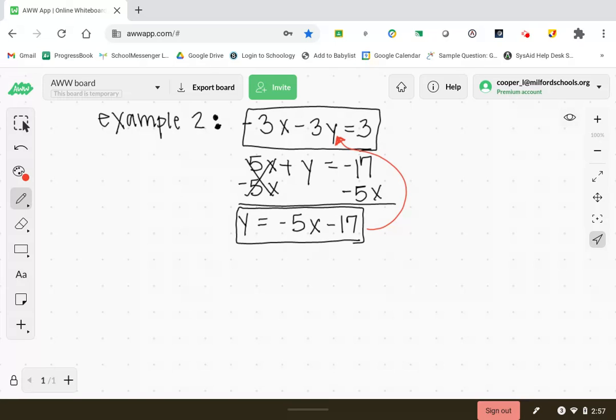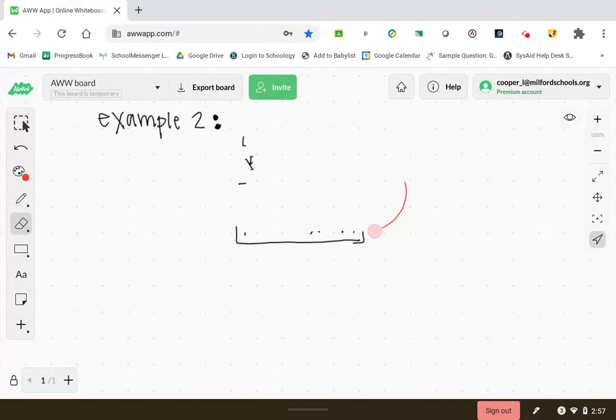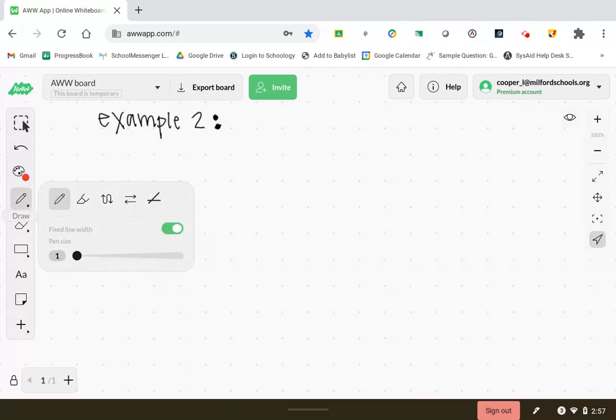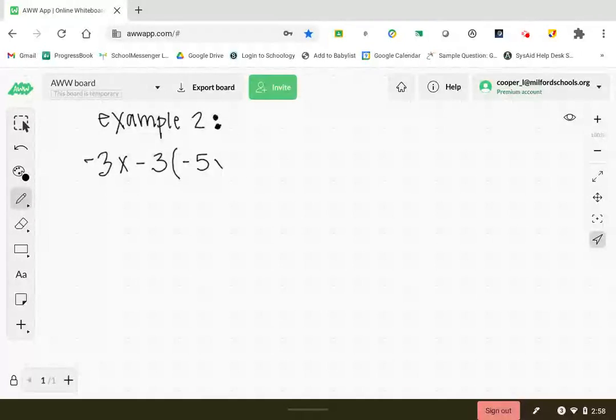I'm going to go ahead and erase that just so we have some room. You should still see it on your paper. Okay, so I now have negative 3x minus 3, and instead of y, it's now going to be negative 5x minus 17, because that's what y equaled before, and then equals 3.